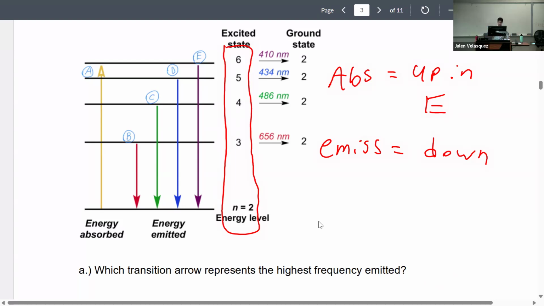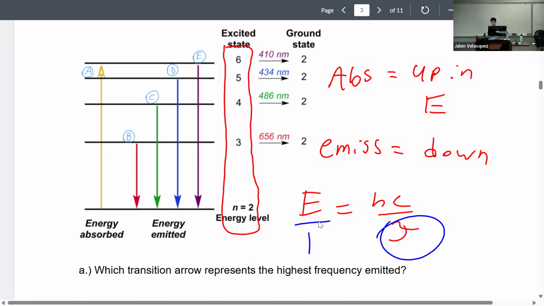I'm not going to scroll just because it's going to move this thing. So part B says, what represents the longest wavelength? What's the relation between energy and wavelength? They're inverse, right? And even if you don't know that, you can reason it through by looking at the math. We know energy is hc over lambda, with lambda, the wavelength, in the denominator and energy on the other side.